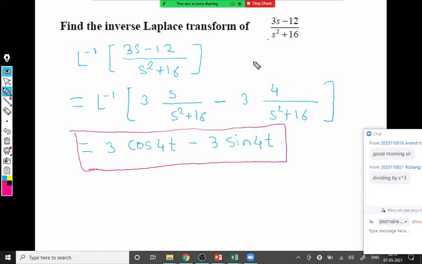Because s is not available. In the first term s is available, so we wrote it in that form. You cannot take s outside, and you write 4, because you don't know the L inverse of s only. Remember, the L inverse of 1 by s exists, but L inverse of s does not exist.